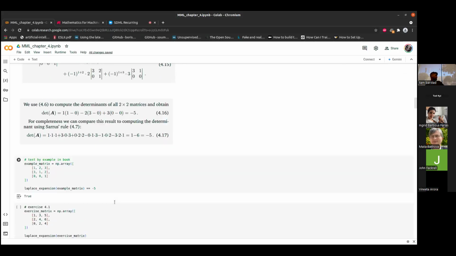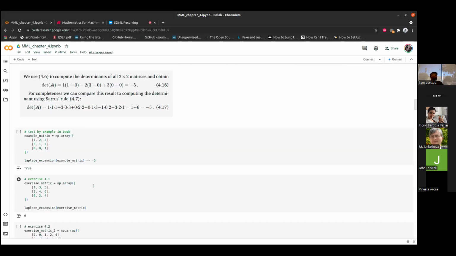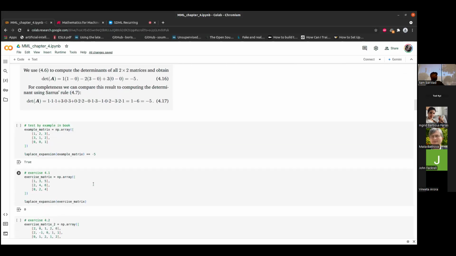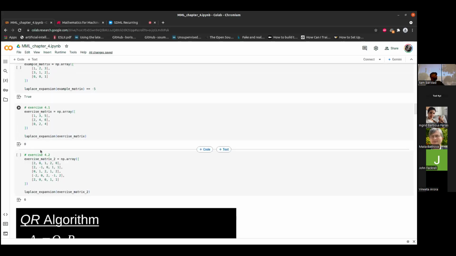So I tested out my solution, and fortunately, it works. I don't know how many people did the exercises, but I did not check that the answers to these exercises were correct. So if anyone right now wants to tell me that this is not working and my algorithm is bogus, that would be the time.